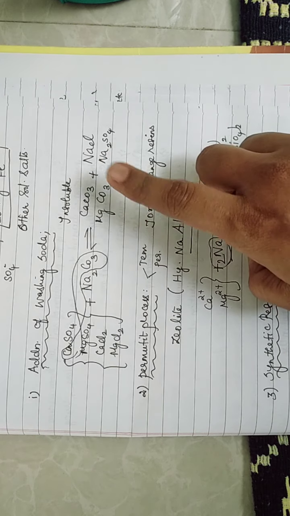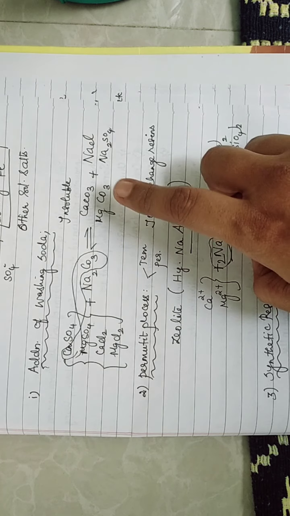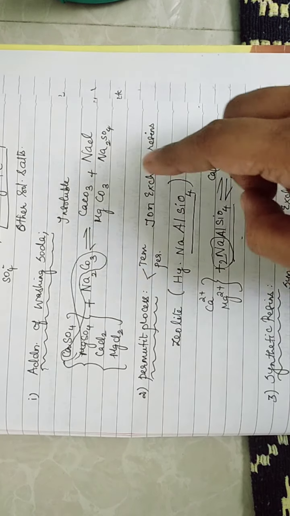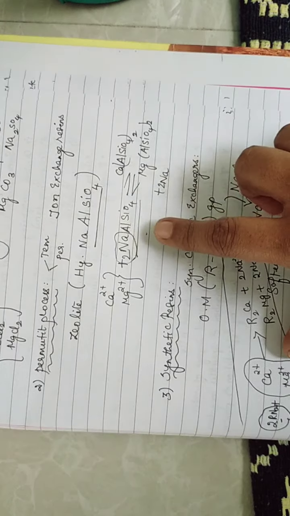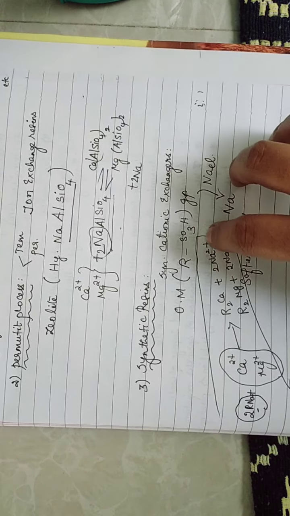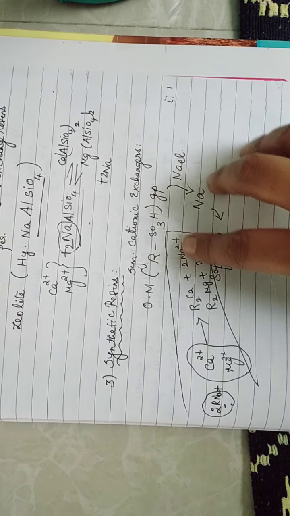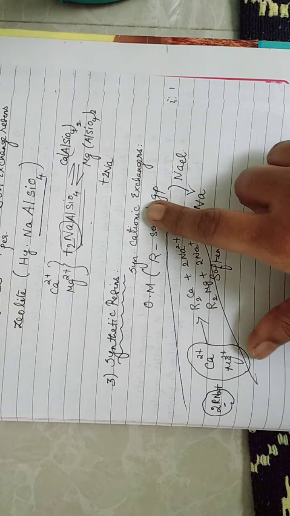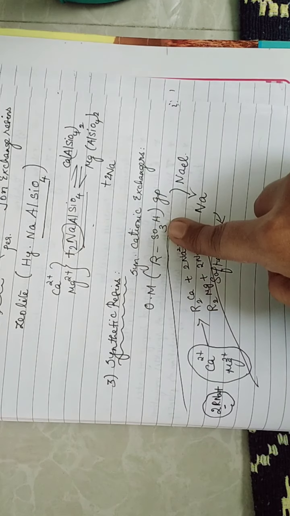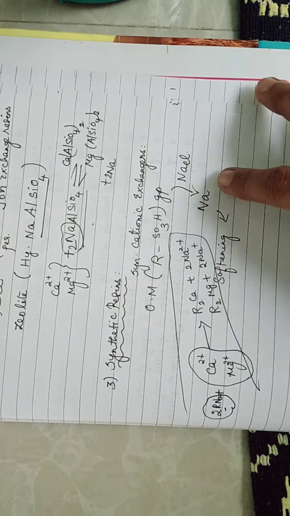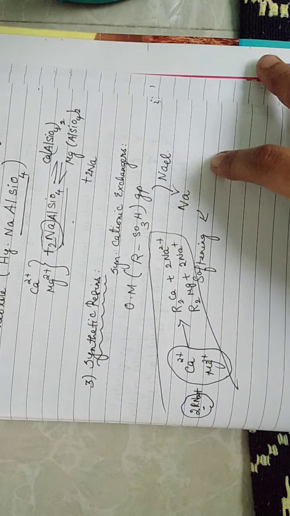Insoluble carbonate form is formed, so it is precipitated and removed. In the permutit process, I have added zeolite, which is nothing but hydrated sodium aluminium silicate. In synthetic resin, I have added a synthetic cationic exchanger. So permutit and exchangers can be regenerated for further treatment by treating them with sodium chloride solution.